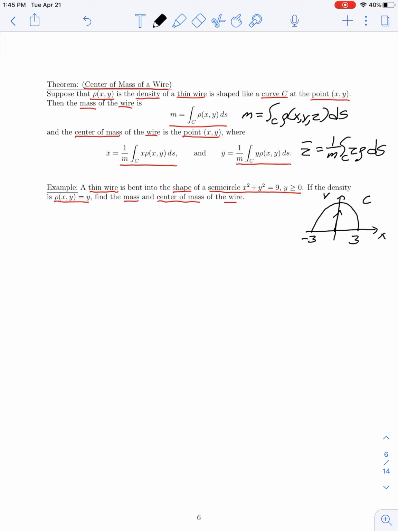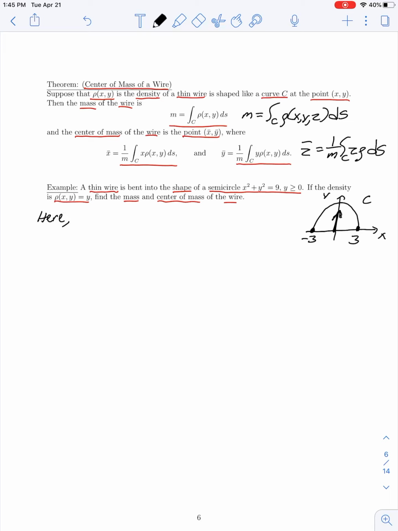So for points that are higher along this curve, it has greater density than for points where y is 0. It has very little density there. In order to find the mass of this wire, we need to evaluate a line integral of our density function. And to evaluate a line integral over a curve, we need parametric equations for that curve.